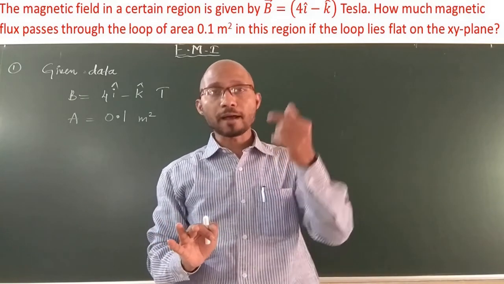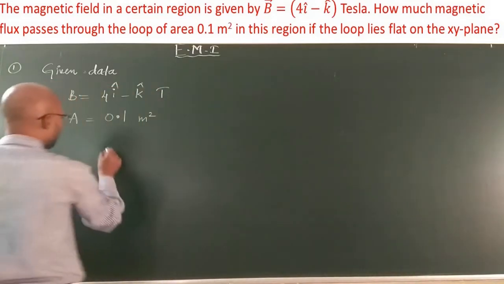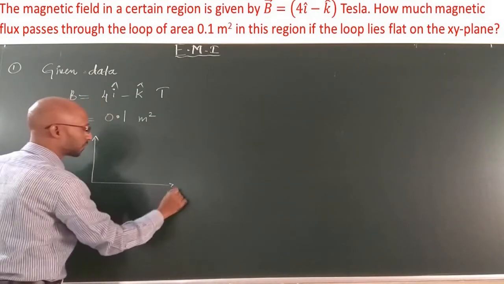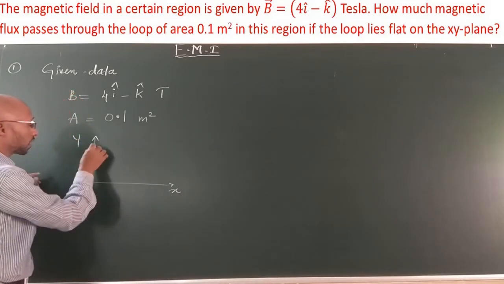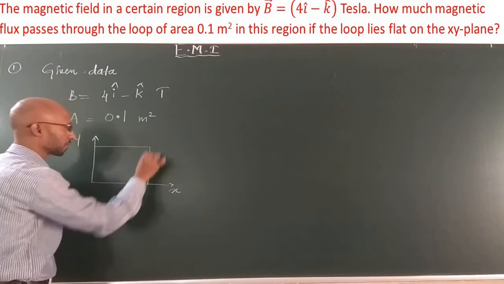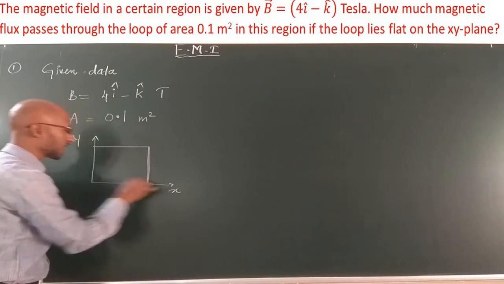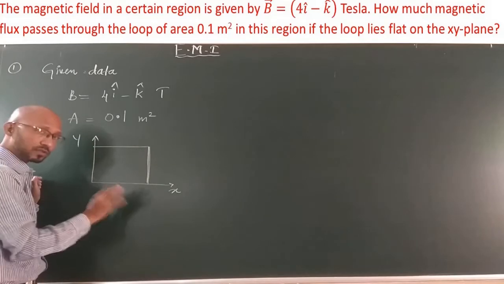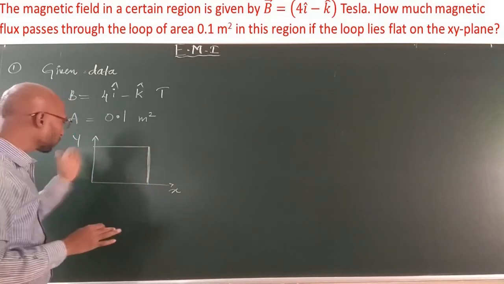Next, the loop is flat on the xy plane. If I draw the x and y axes, our loop is there, some shape. If this is a loop, it is lying flat on the xy plane. We have to assume this is the area which is flat on the xy plane.